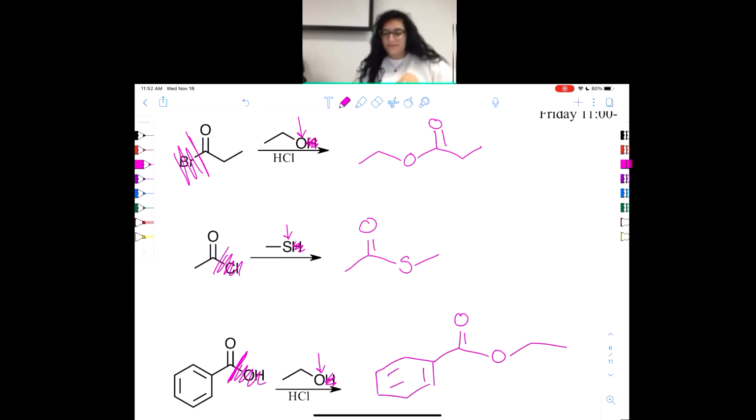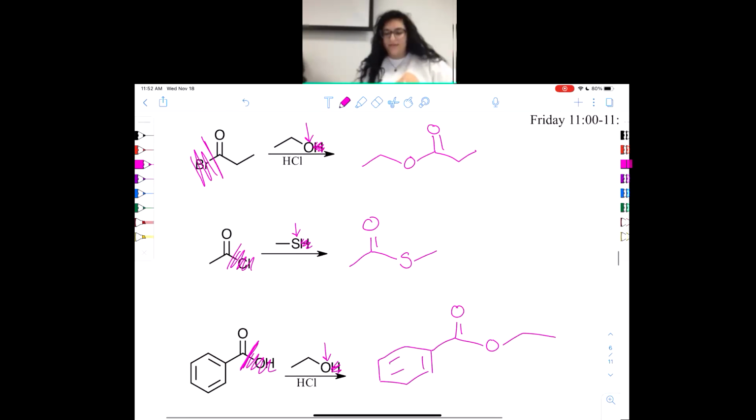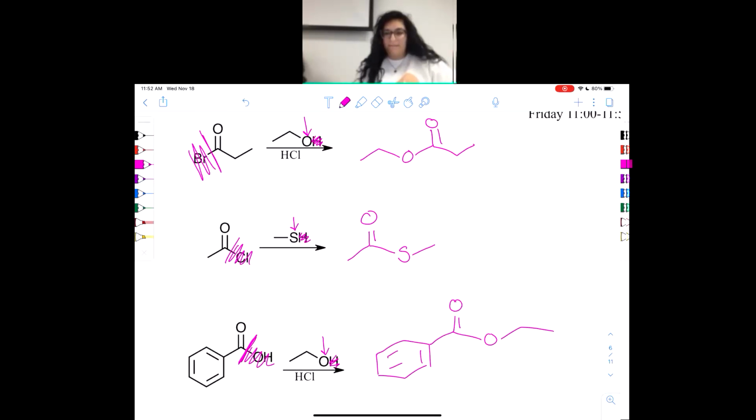Just for funsies, let's name this ester. First things first, what's this group going to be called? Ethyl. What is this thing called? Phenyl.